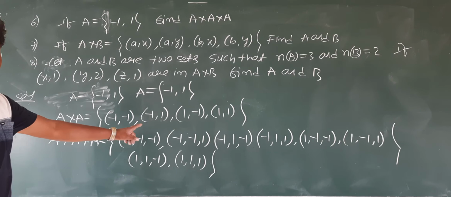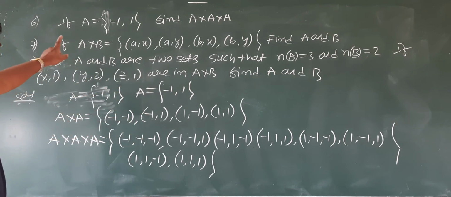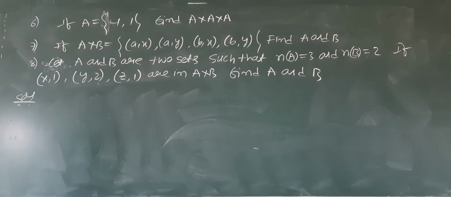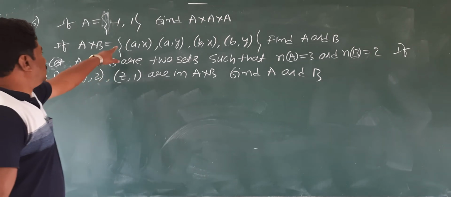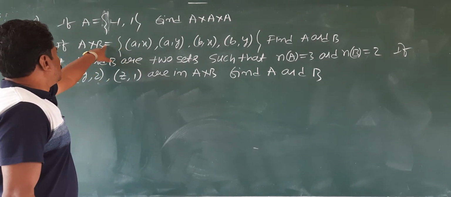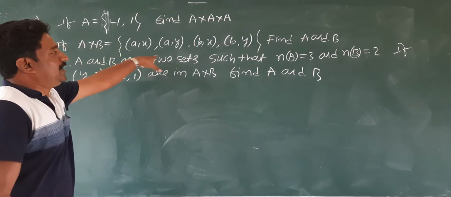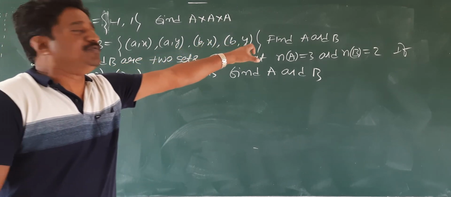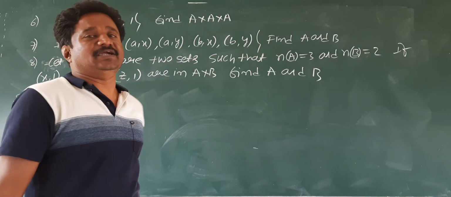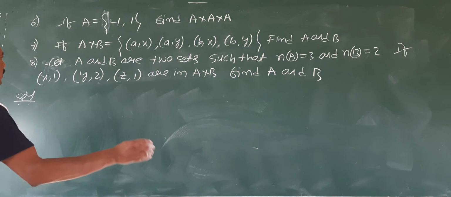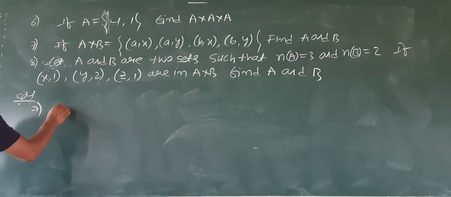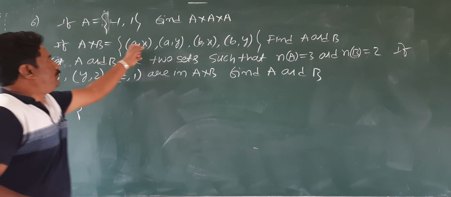Right, students, I hope you understood. Now let's go for solving one more question. Next question. Now you see this one more simple question. The cross product is given and you are asked to write the individual sets A and B. It's so simple. You learned that very well. For set A, you collect the first entries.